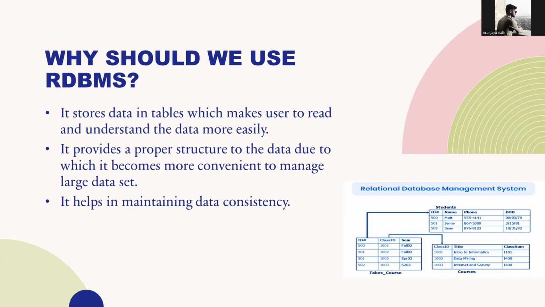In a relational database, we store our information in tabular format, like all the information will be stored in a table. And in the tabular structure in the picture below, you can see we can read our data very easily. That makes it more convenient for the RDBMS. This is the reason why we should use a relational database management system.